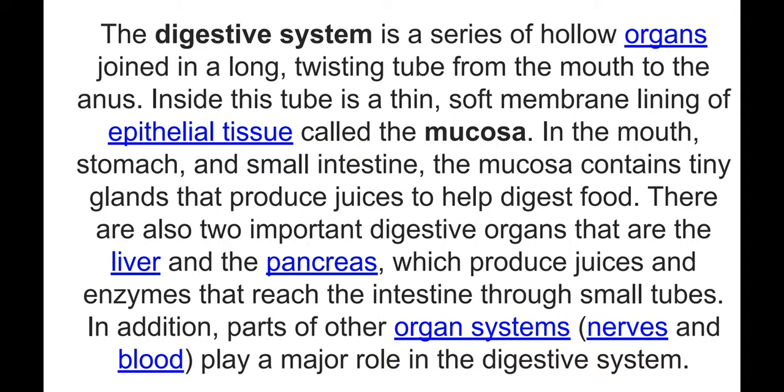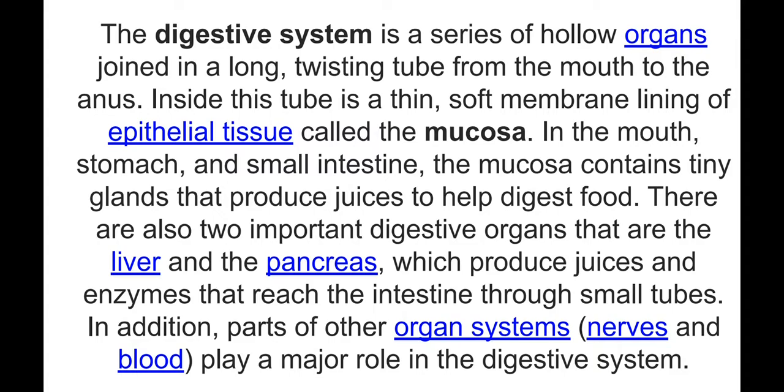The digestive system is a series of hollow organs joined in a long twisting tube from the mouth to the anus. Inside this tube is a thin, soft membrane lining of epithelium tissue called mucosa. In the mouth, stomach and small intestine, the mucosa contains tiny glands that produce juices to help digest food.